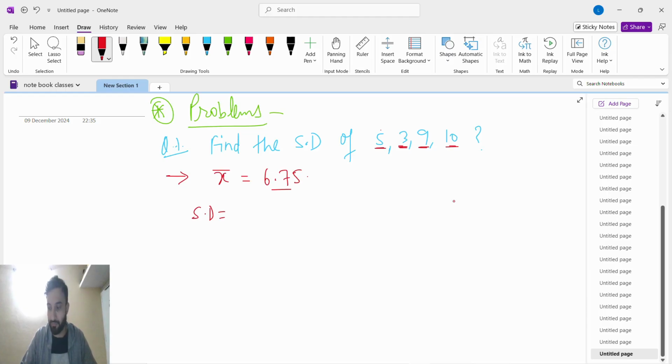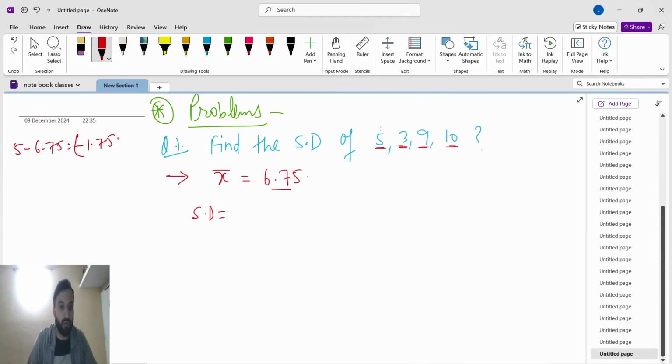So let's do x1 minus x bar. 5 minus 6.75 gives minus 1.75. In the calculator, if you do minus 1.75 into minus 1.75, you get a negative answer, so it will become wrong.